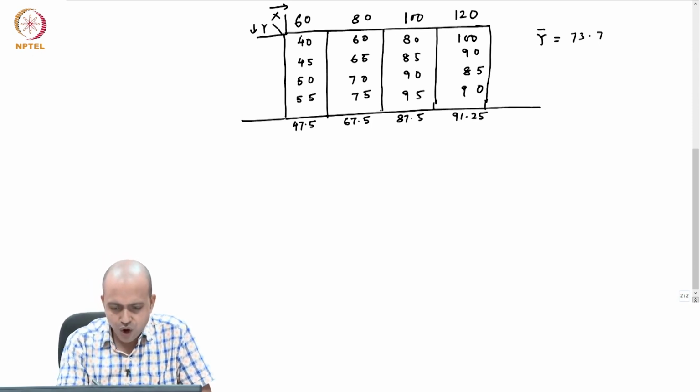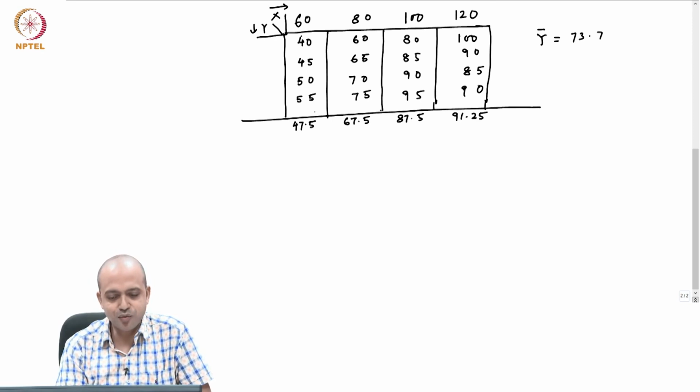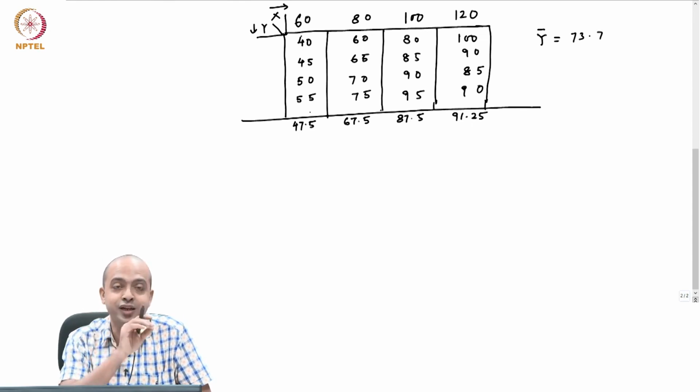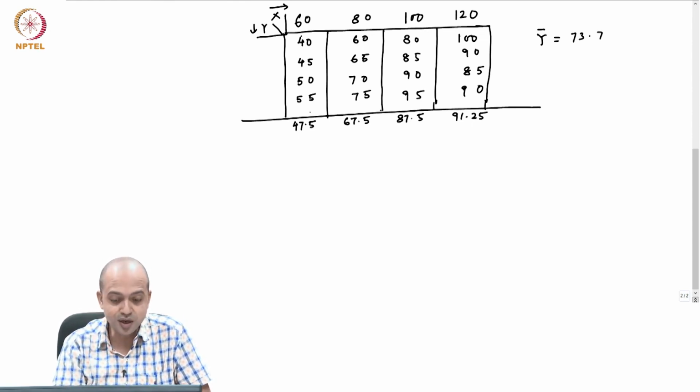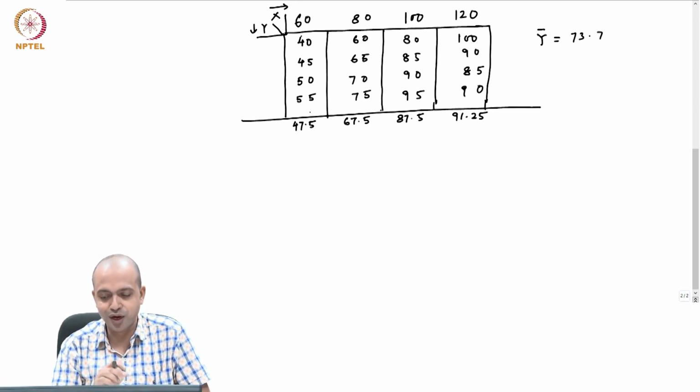Now, what is this? Now I am calculating the mean for each group, knowing their weekly income. So there are several means, 47.5, 67.5, 87.5 and 91.25, and they are quite different from y bar, the mean of y.